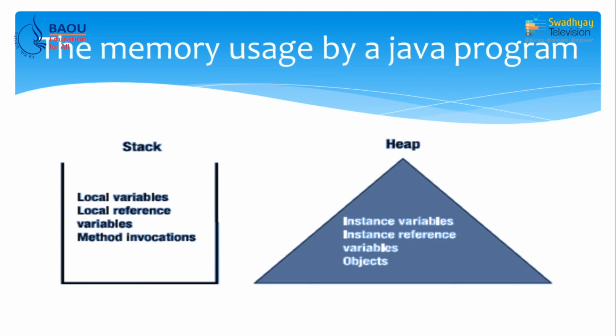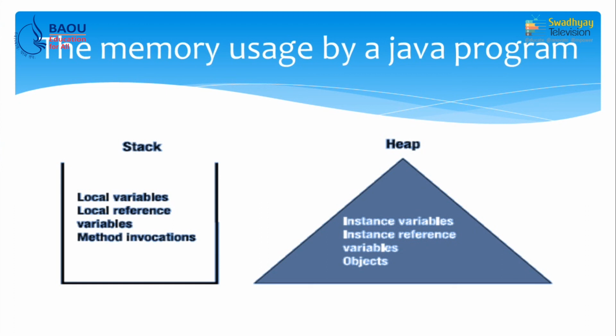So, Java stores a program in two parts, one is called the stack, another is called the heap. Both are areas in memory, but the difference is that the stack generally stores method invocations, variables, local references and local variables, but all the objects, that is instance variables and instance references and objects, are stored on the heap.